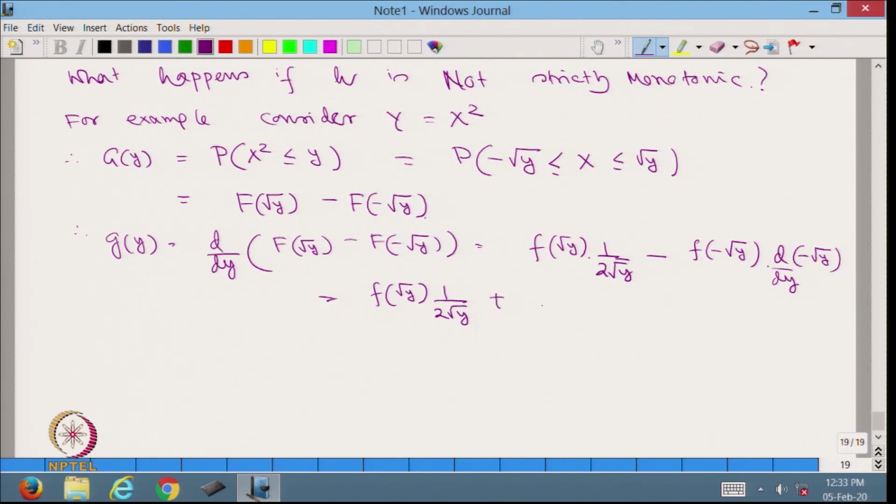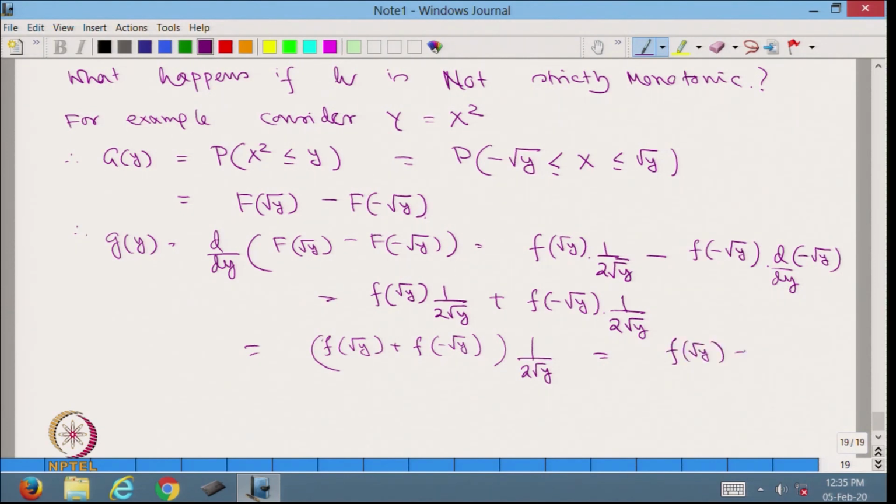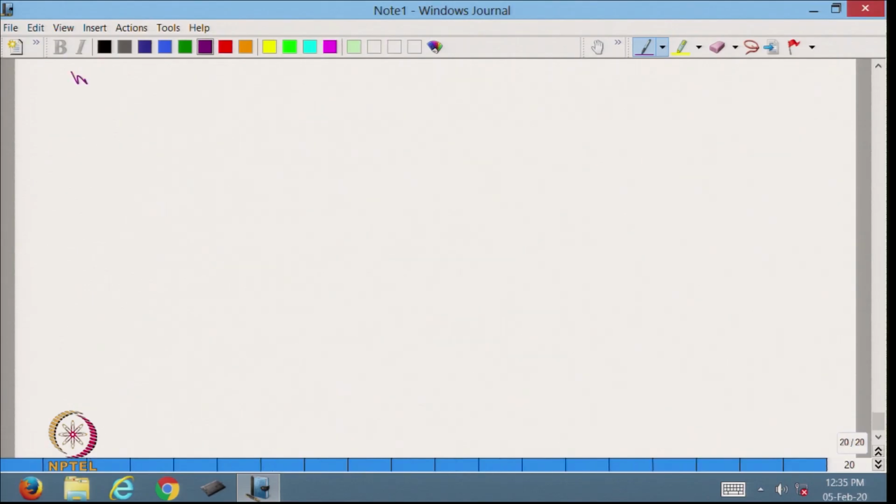This minus minus makes it plus f at minus root y into 1 upon 2 root y, which is equal to [f of root y plus f of minus root y] upon 2 root y.